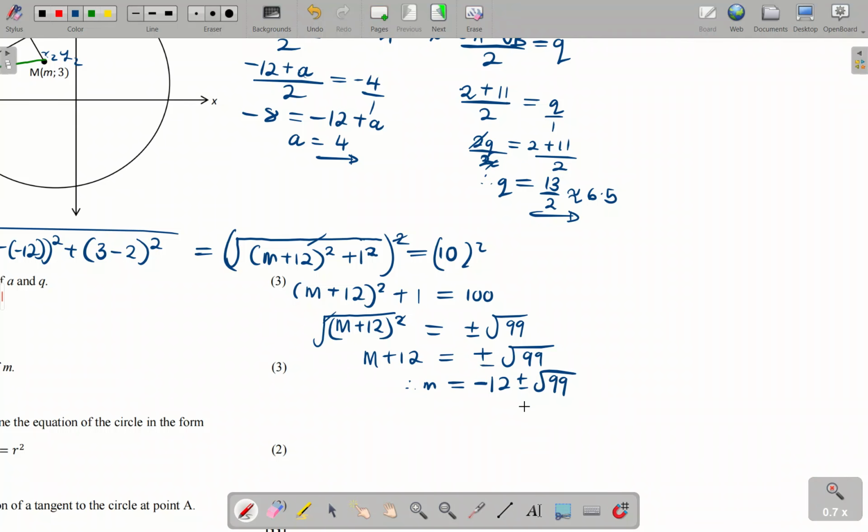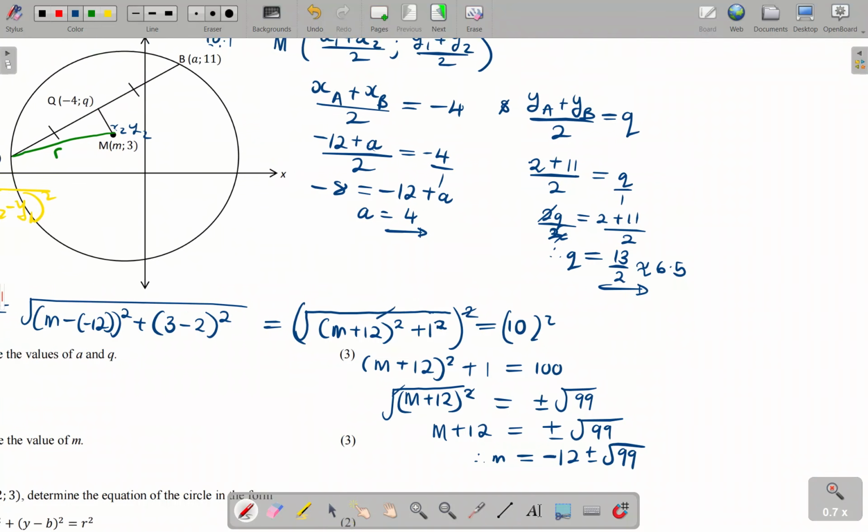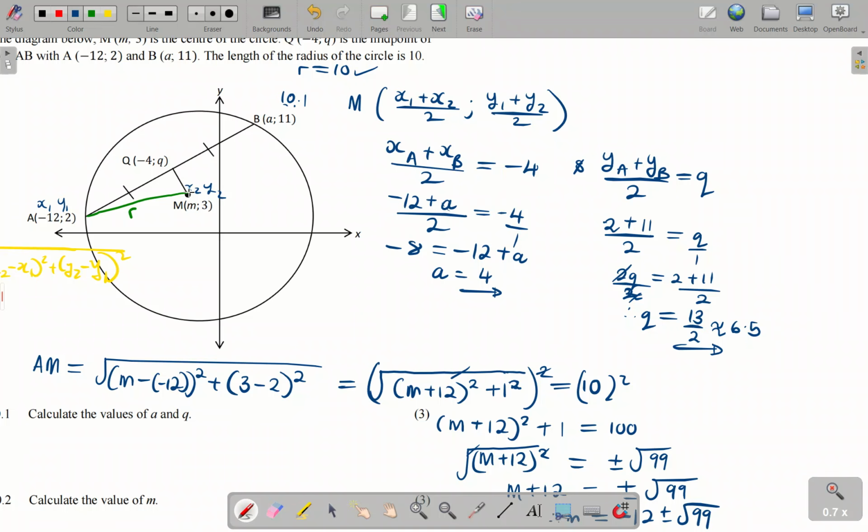So if you have to check there, guys, we have two choices for this value of m. It's either we have -12 plus the square root of 99 or -12 minus that. But if you have to check the m, it is between -12 and what, and this value of a, remember, is 4.